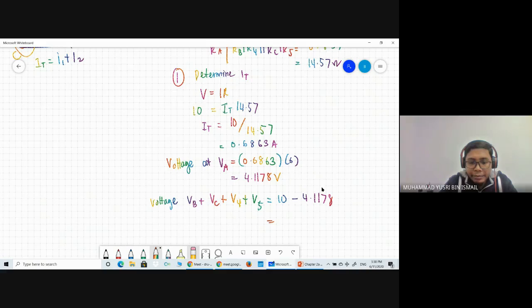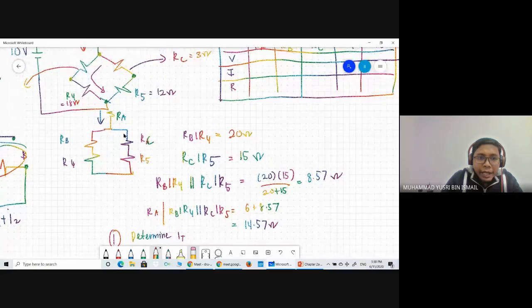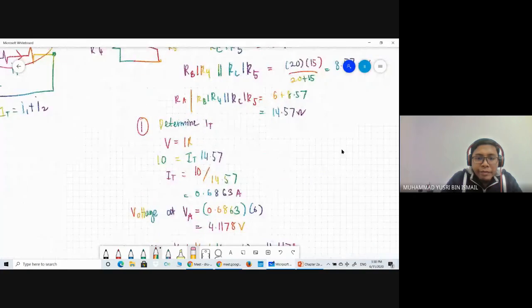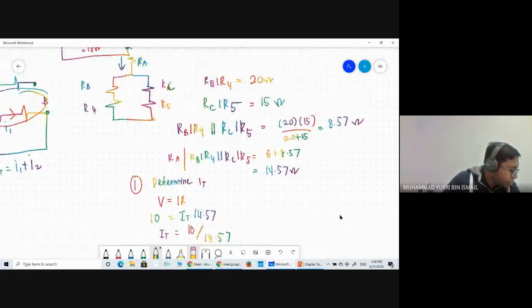So 10 minus 4.1178 is 5.8822. So now we know the voltage at this part is equal to 5.8822.